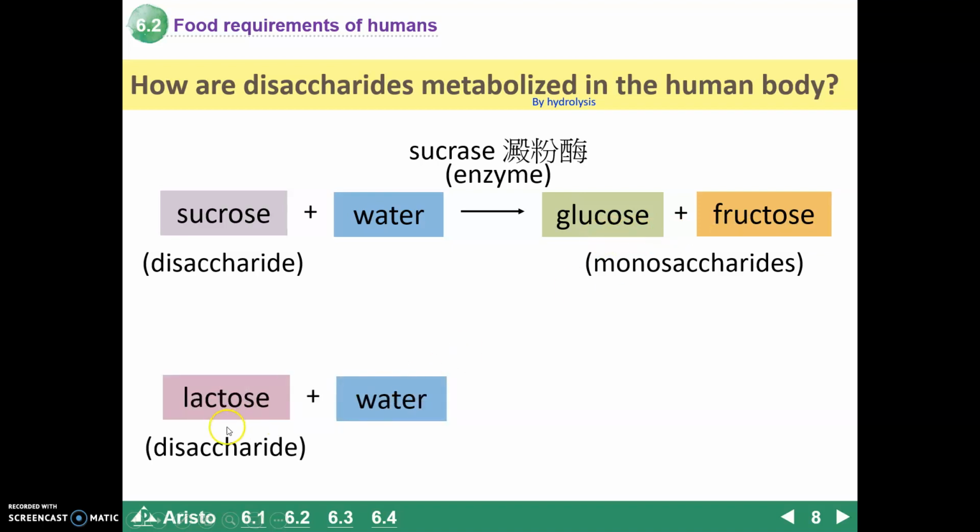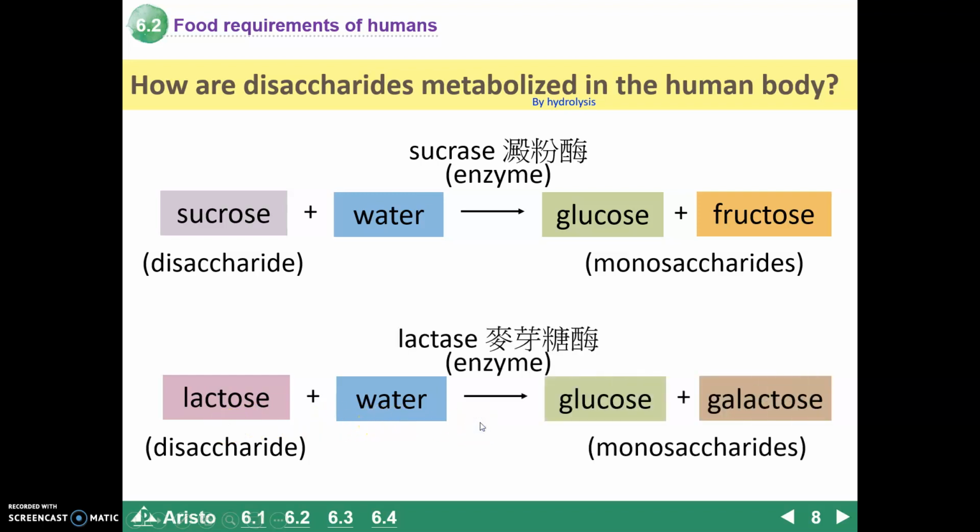And also lactose is hydrolyzed by lactase and becomes glucose and galactose. In all these 3 examples of hydrolysis, 1 disaccharide becomes 2 monosaccharides, using a specific enzyme to break down a specific substrate.